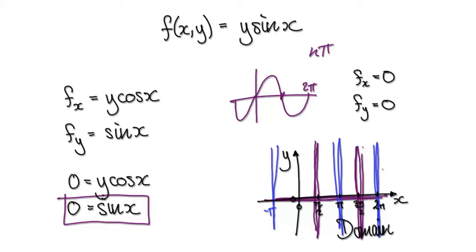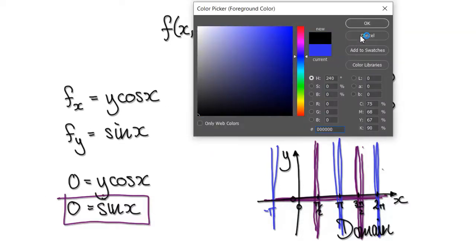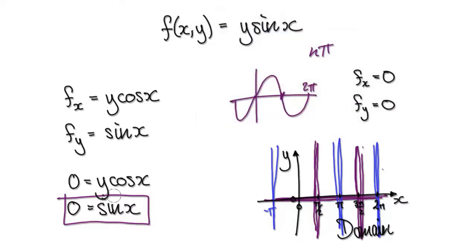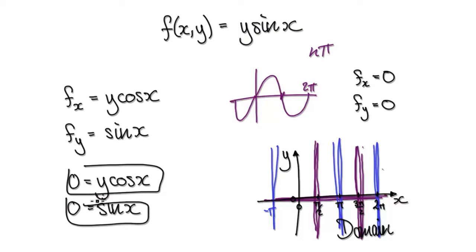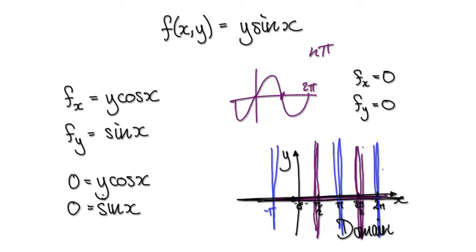If you want to satisfy both of them at the same time, you must be on the horizontal line and the blue line.